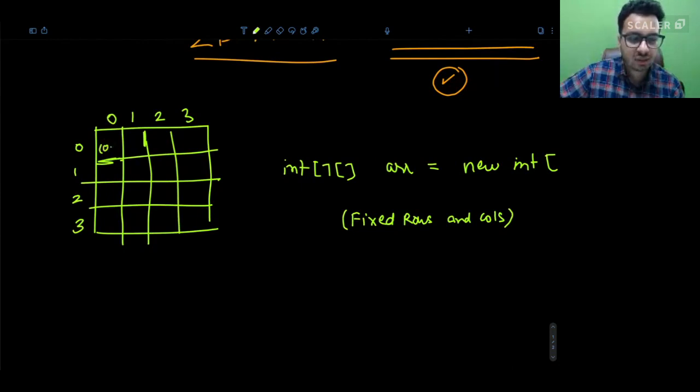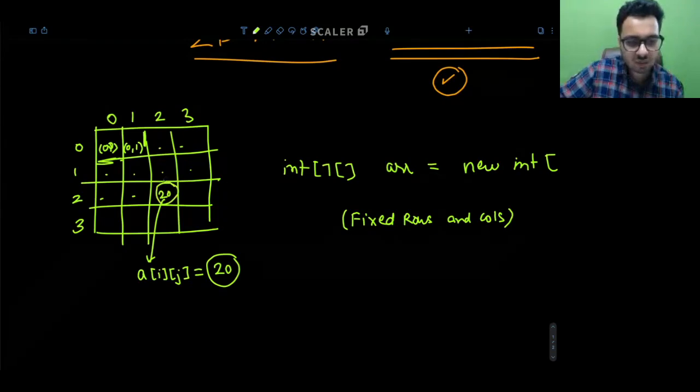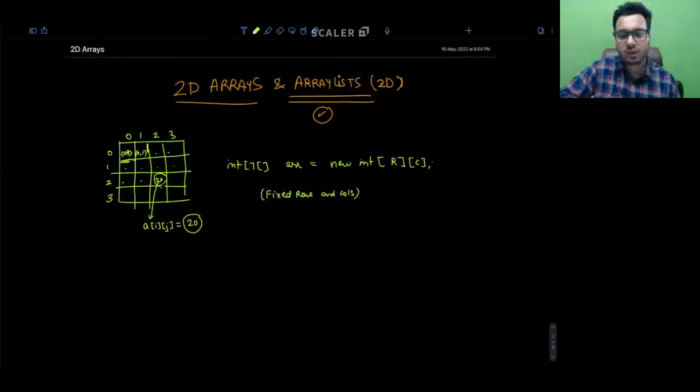For example, this is 0th row and 0th column, 0th row and the first column, and so on. We can number each cell, so this cell is in the ith row and the jth column. This is how we refer to a particular cell. And if you want to put some value inside it, you can say I'm going to store 20 in this particular cell.